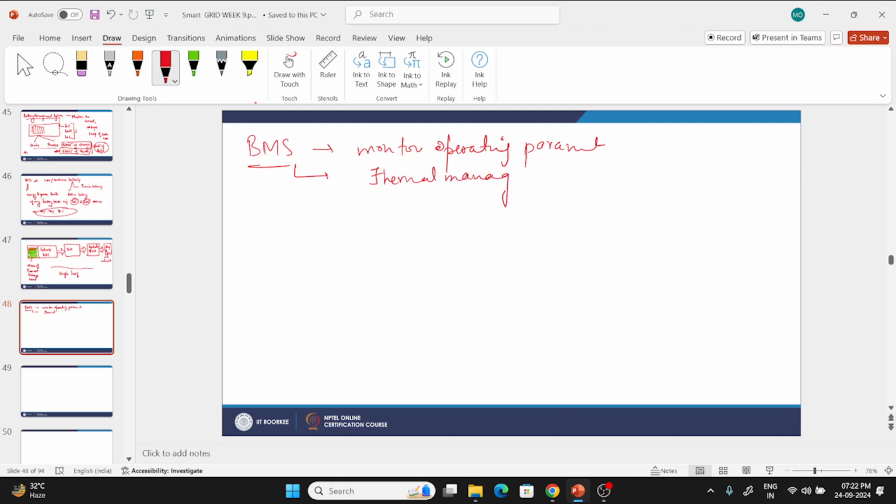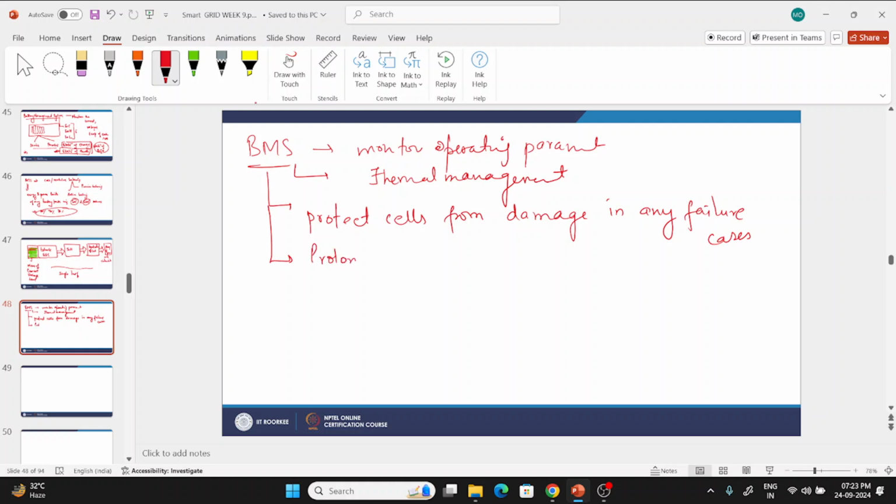It is also used to protect cells from damage in any failure cases. It also helps prolong the life of the battery.